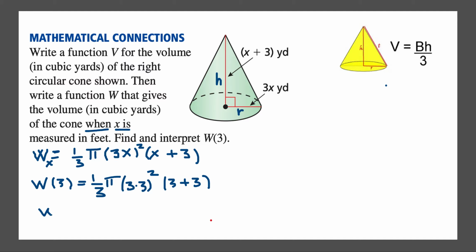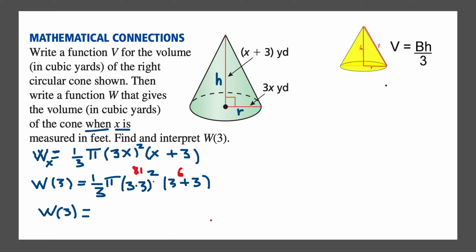So let's see what we can get. If we simplify everything with some algebra, we can do it. Let's say this is 1/3. Then 3 plus 3 is 6. And 3 times 3 is 9, and 9 squared is 81.